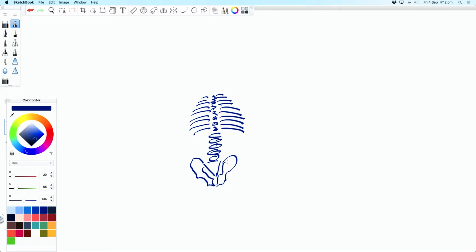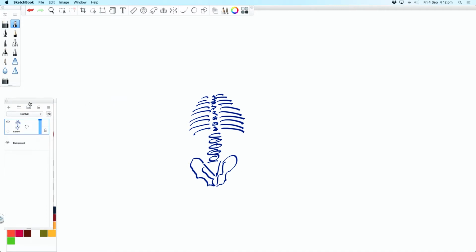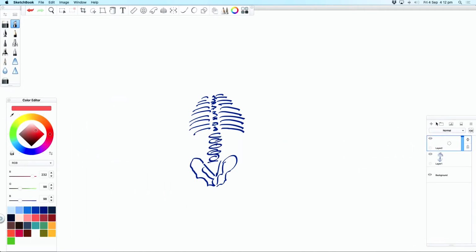Your diaphragm muscle is essentially here, and your lungs are like that.